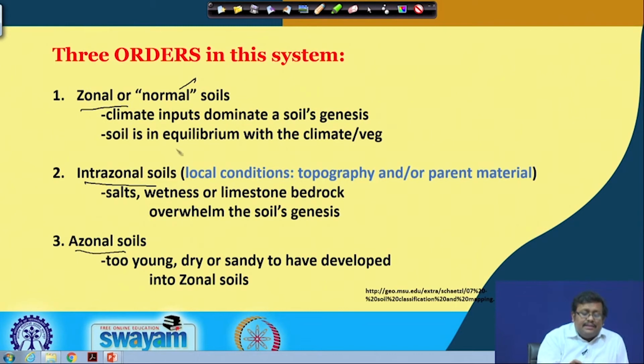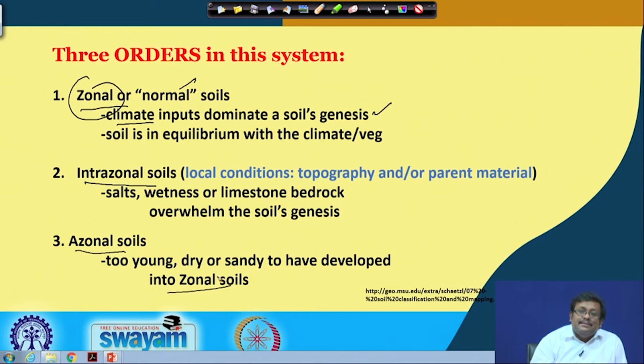Now, zonal soils are basically the soils where you can see the dominance of climate in soil genesis. So, it is important, and the soil is in equilibrium with the climate and vegetation. So, these soils are called zonal soils or normal soils. Now, azonal soils are too young, dry and sandy to have developed into zonal soils.